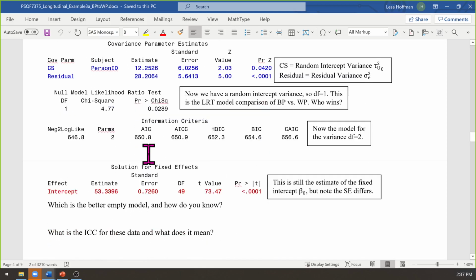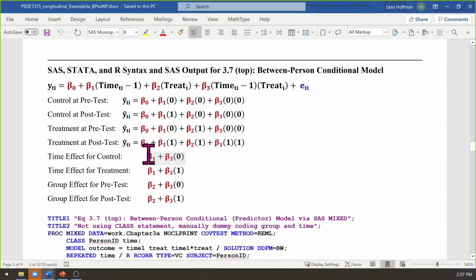So let's go about our business and add in some predictors. I am adding in 3 more fixed effects in addition to my fixed intercept, so 4 total. I have a main effect of time, so whether it's pretest or posttest.